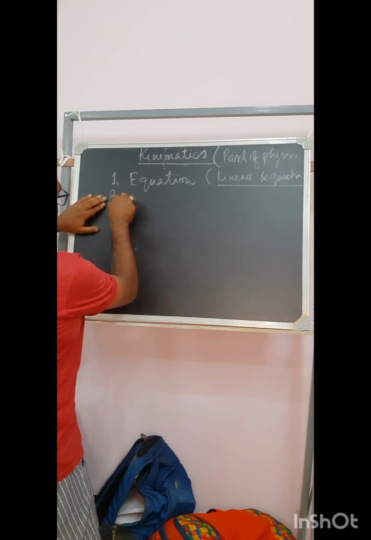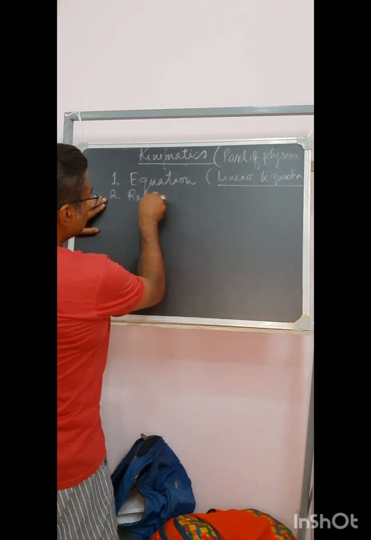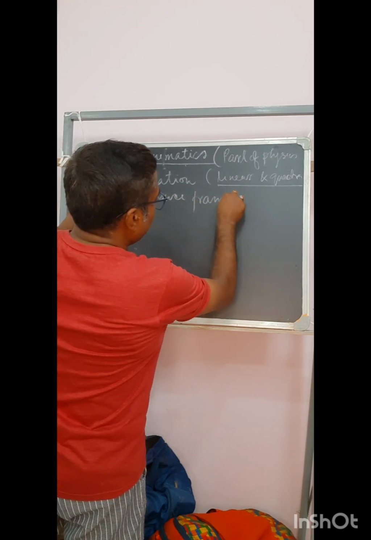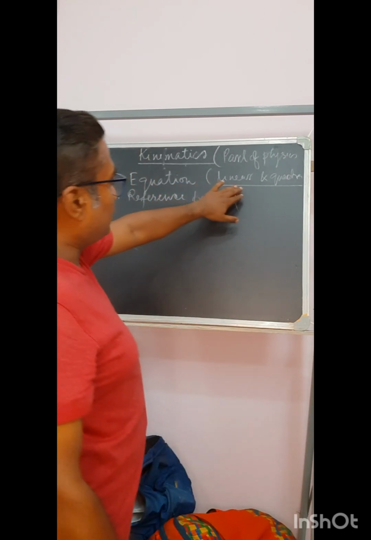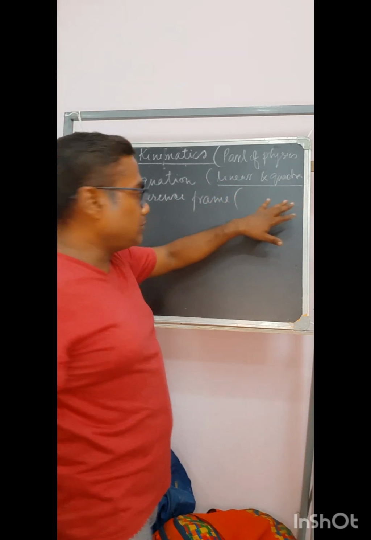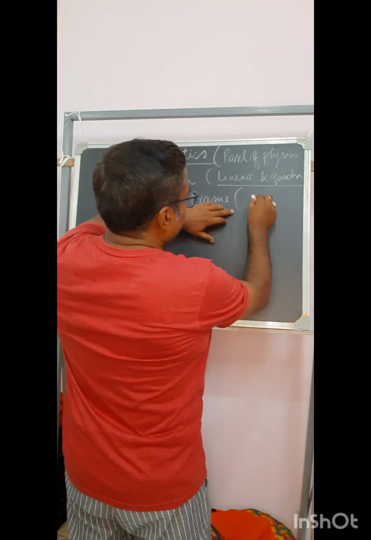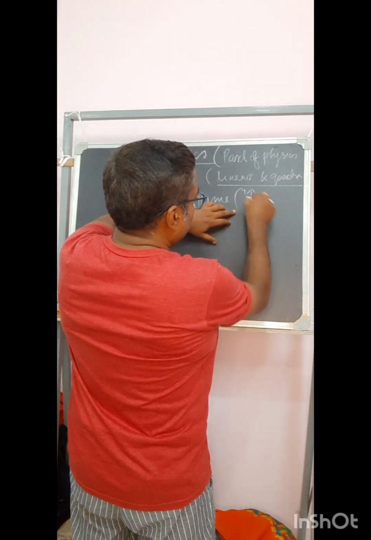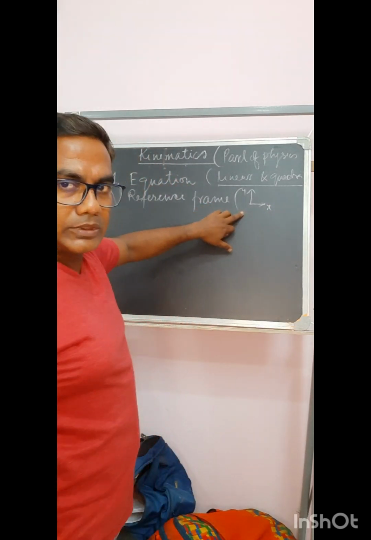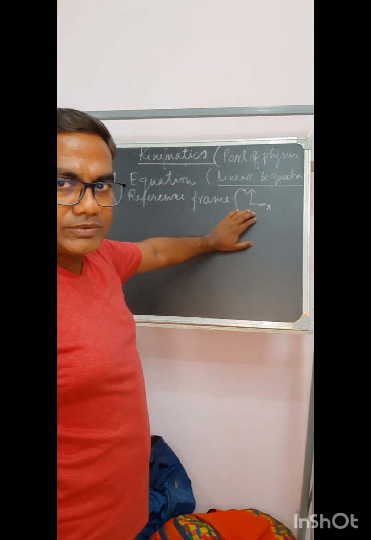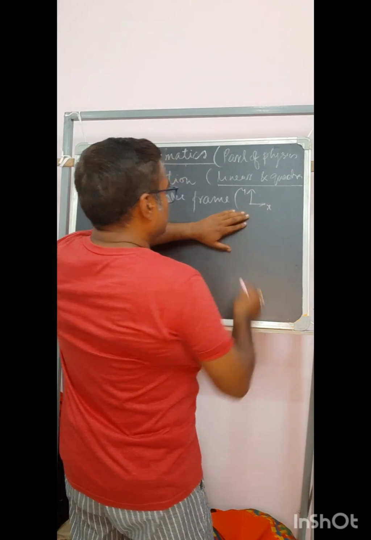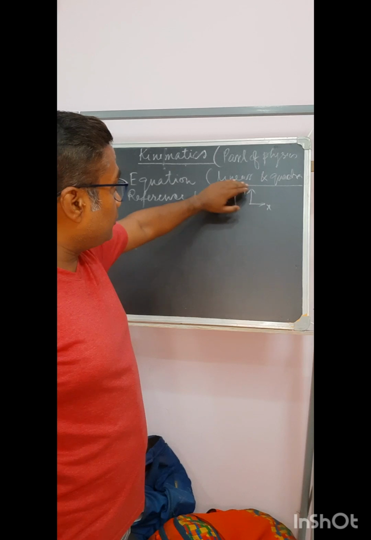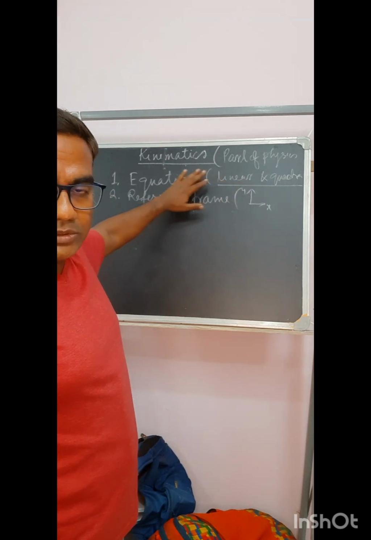The second part is the reference frame. A bit of it I covered while discussing the linear equation, because I taught you the x and y coordinate system, which we call the reference frame, because motion is relative, as I already told while discussing the linear equation problem.